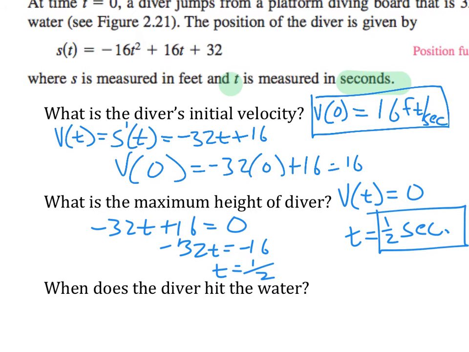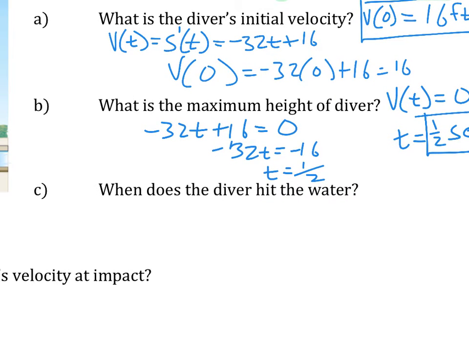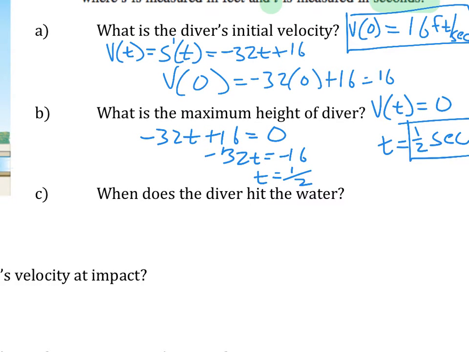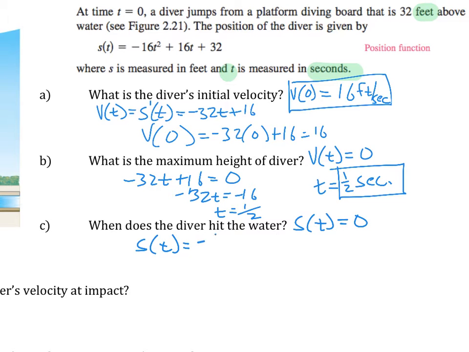Well, when does the diver hit the water? Well, the water is a 0 height, so that position will be 0. So that's a position thing. So we want s of t to be 0, a height of 0. So s of t is our original function here. So that's just our negative 16t squared plus 16t plus 32.